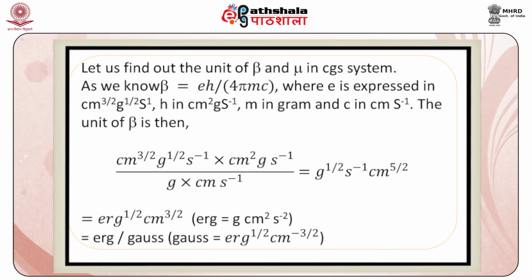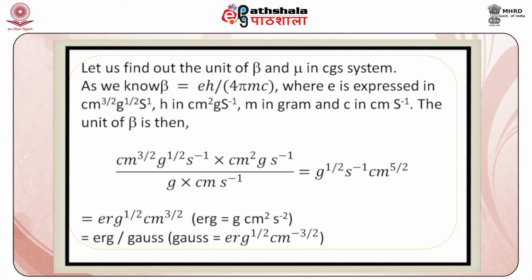Now let us find out the unit of β, meaning Bohr magneton, and μ in the CGS system. As we know, β = eh/4πmc, where e is expressed in centimeter raised to power 3/2, gram raised to power half per second, and h in centimeter square gram per second, m in gram, and c in centimeter per second.